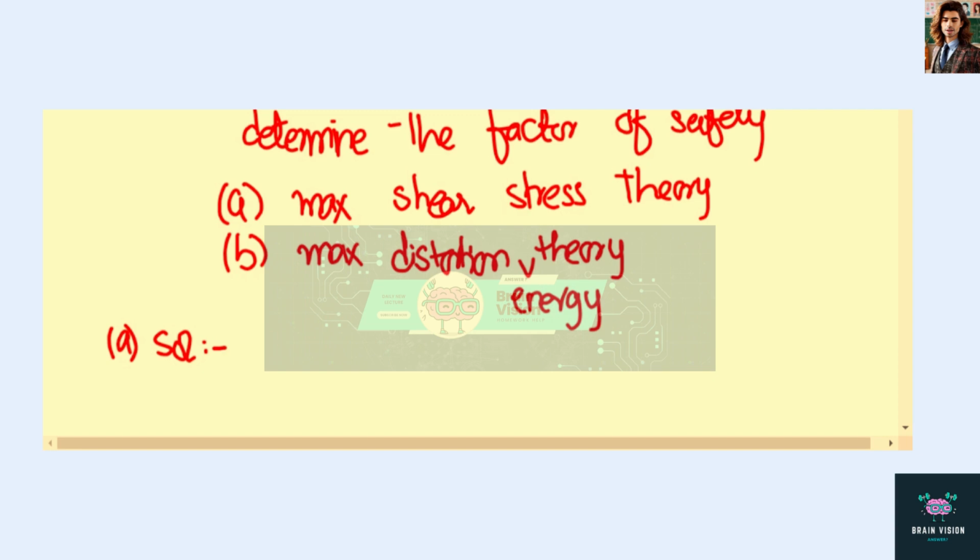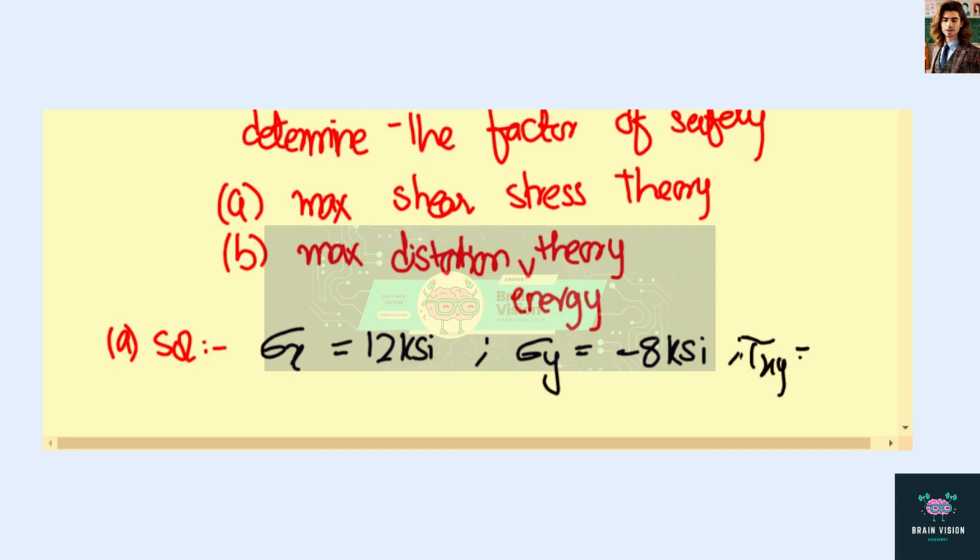Now, we are given by the figure of the problem that sigma sub x is equal to 12 ksi, sigma sub y is equal to negative 8 ksi, and tau sub xy is equal to 7 ksi.